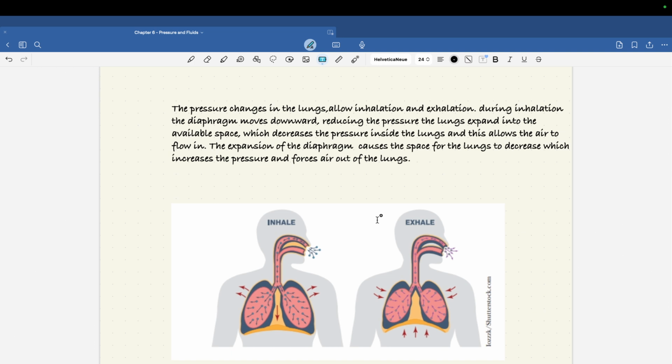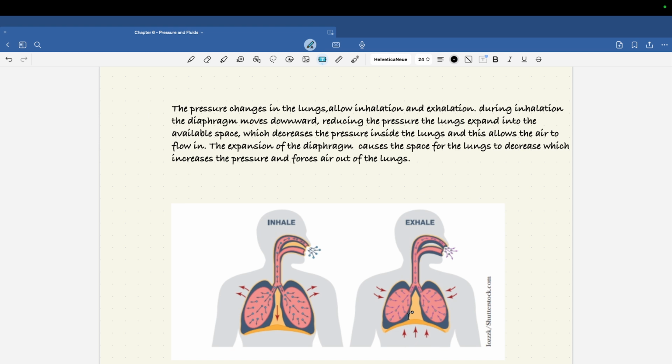Now, respiration is also because of changes in pressure in the lungs. We can see that during inhalation, the diaphragm moves downwards, and as it moves downwards, it reduces the pressure inside the lung, and then the lungs expand into that available space, allowing the air to flow in through the nostrils.